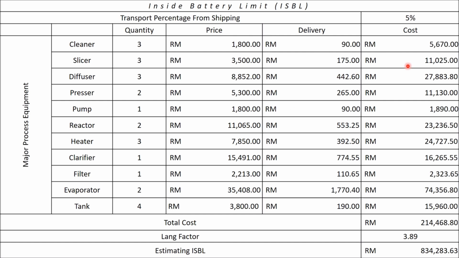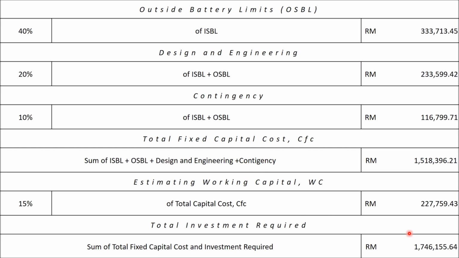We get the total cost from the sum of the major process equipment including the delivery. After that, we multiply it by the Lang factor, which is 3.89. So we get the estimated ISBL, which is 834,000 ringgit Malaysia.